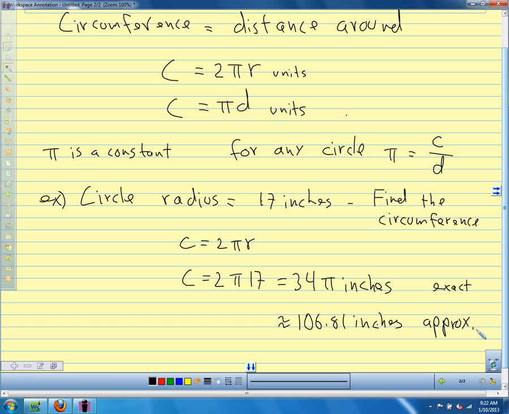And this would be rounded to the hundredth. So our questions will ask us in two different ways. One will say, give us an exact answer or an answer in terms of pi. That's what this means. We just multiply everything out and leave pi there. An approximation is when we just multiply by our number in our calculator.